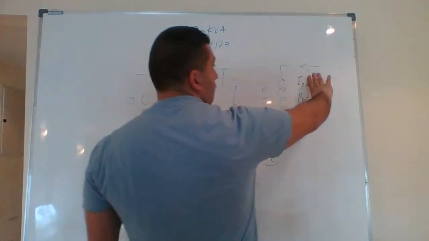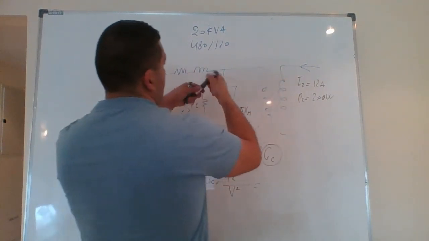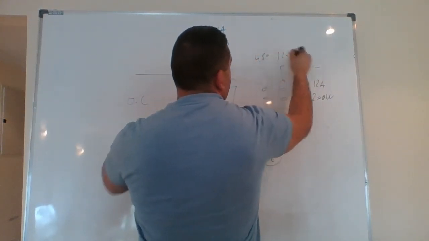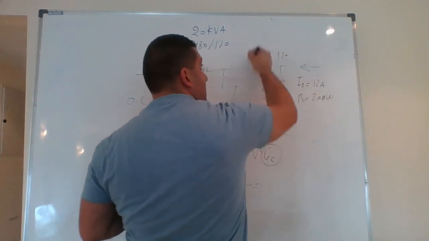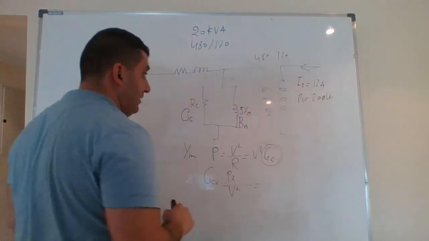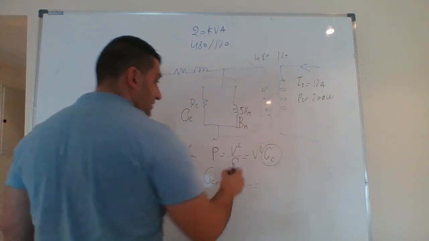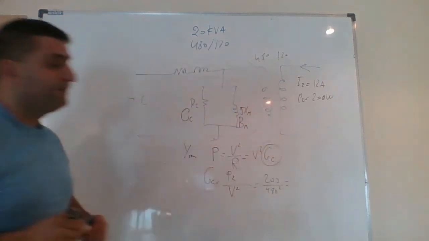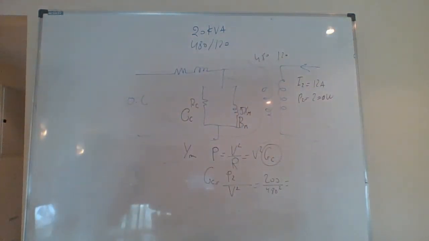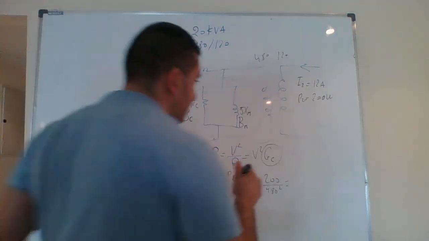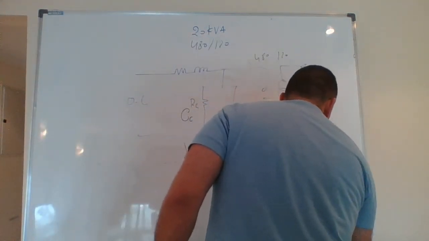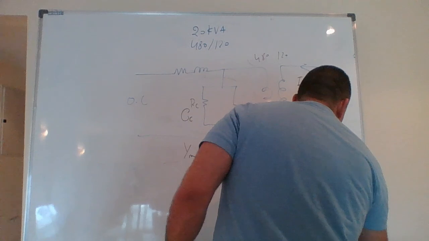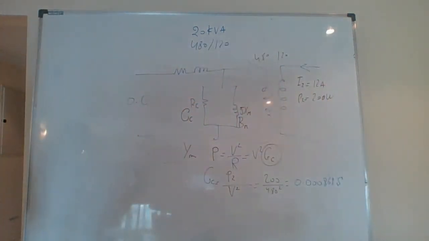When I apply rated voltage on this winding, because of the 480 to 120 ratio, across this one I have 480. So I have 200 divided by 480 squared. The answer will be 0.0000868 Siemens, which is the unit of the admittance.